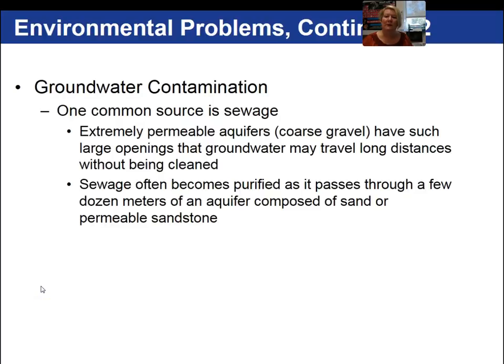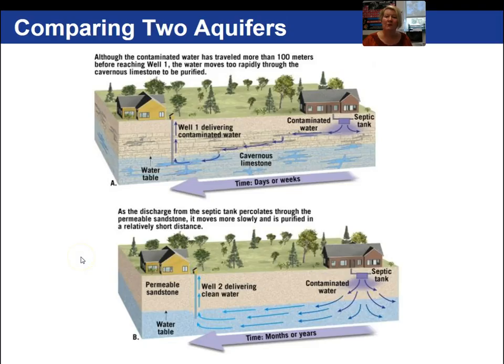Raw sewage is a common groundwater contaminator, and sometimes this is coming from people who have septic systems. Let's compare two aquifers. Start with the top picture here. We have well 1, and the neighbor has a septic system here. It is leaking, it's contaminated.